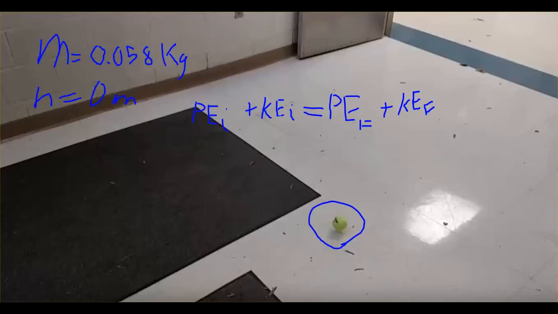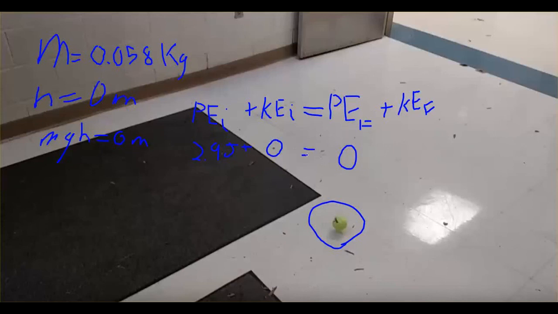Now, the first parts of these, we know from the previous problems that the initial kinetic energy was equal to 0, and that the initial potential energy was equal to 2.9 joules. Now, because the height of this problem at this point is 0, we know that the final potential energy is also equal to 0, because when you multiply the mass times the gravity times the height, that will equal 0 when the height is 0.